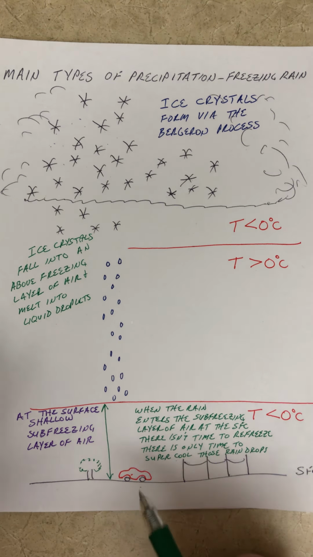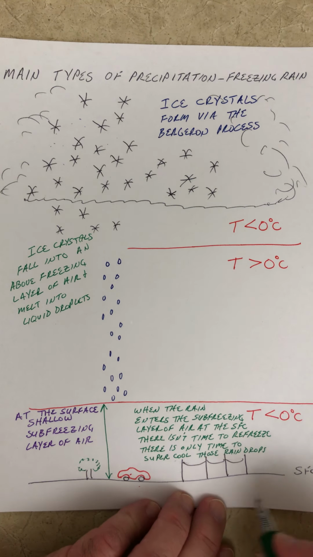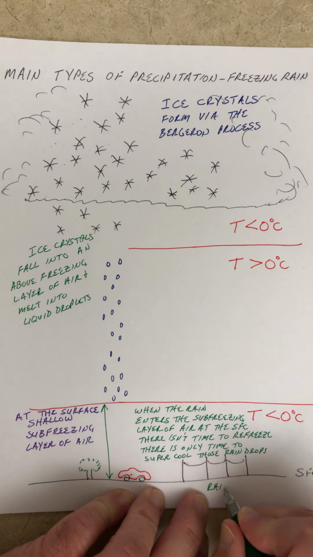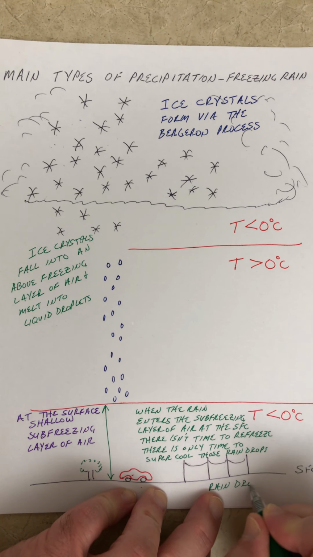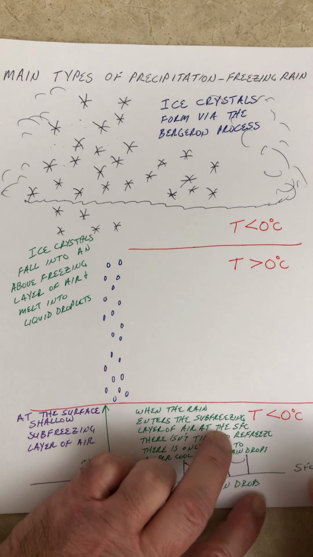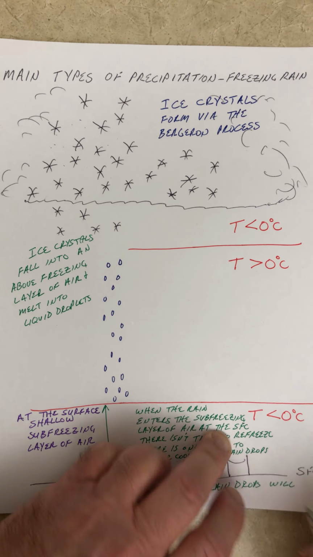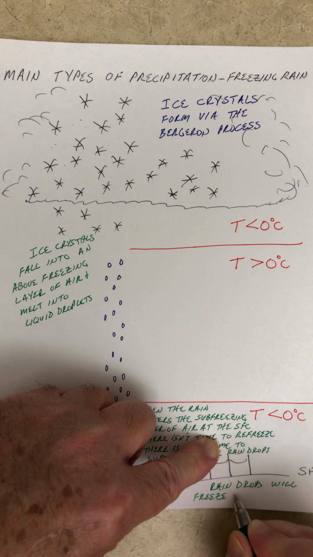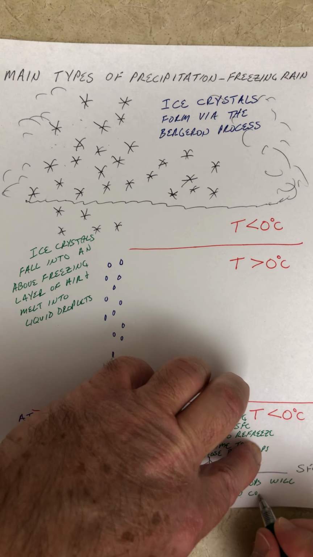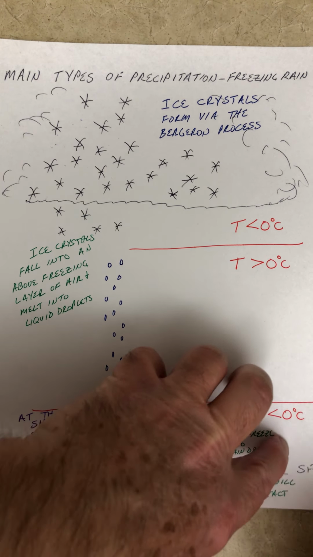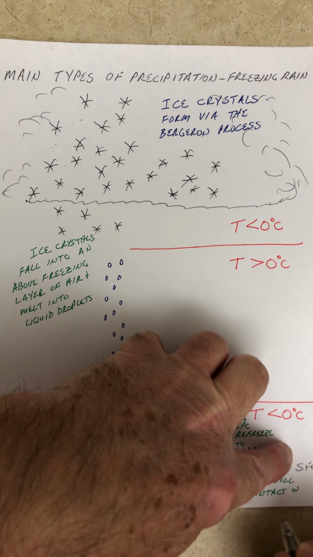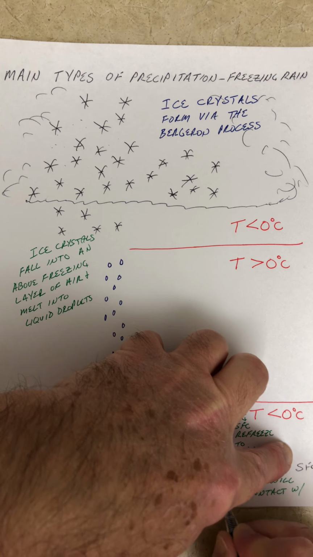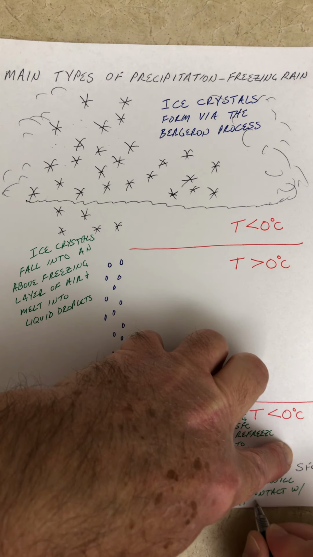And so when they finally reach the Earth's surface, these raindrops will freeze on contact with the objects at the surface.